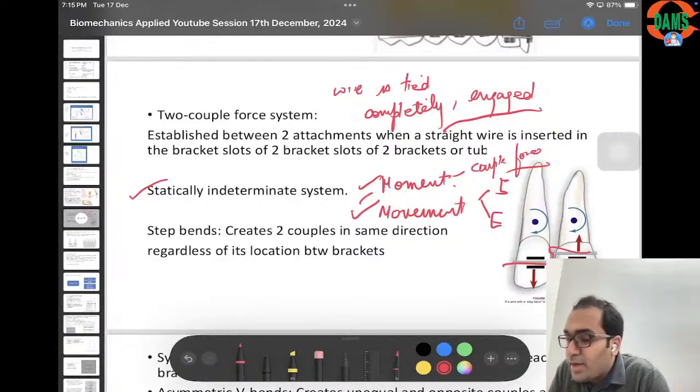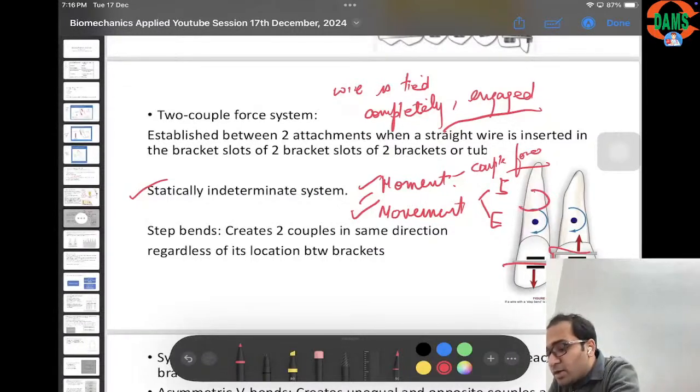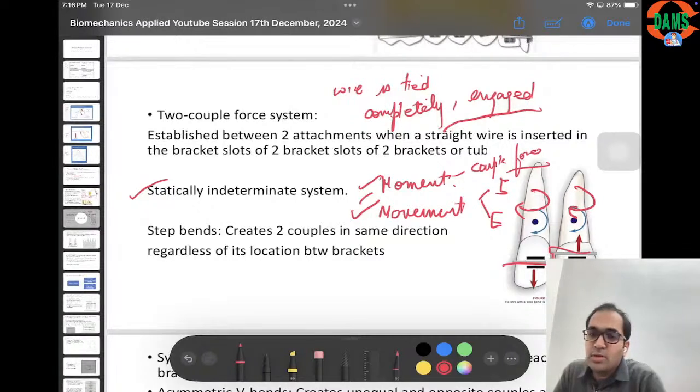Okay, so a step bend generates two couples in the same direction regardless of its location between the brackets. Supposedly this is a step bend which is placed between these two teeth. It will generate couples in the same direction.